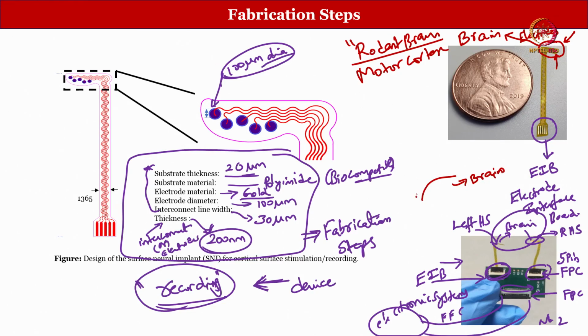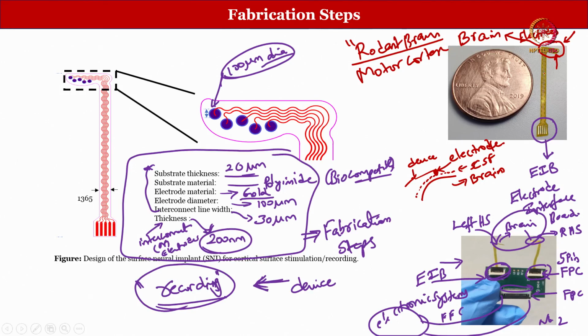There is a brain, and on top there will be some CSF, cerebrospinal fluid, correct. Your electrode is going to sit on top, and only the electrode must come in contact with the brain and CSF.